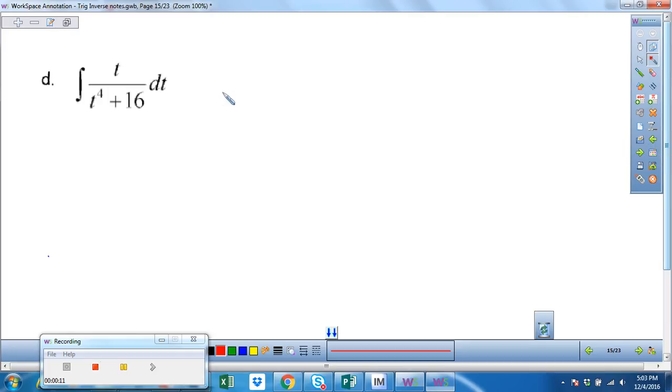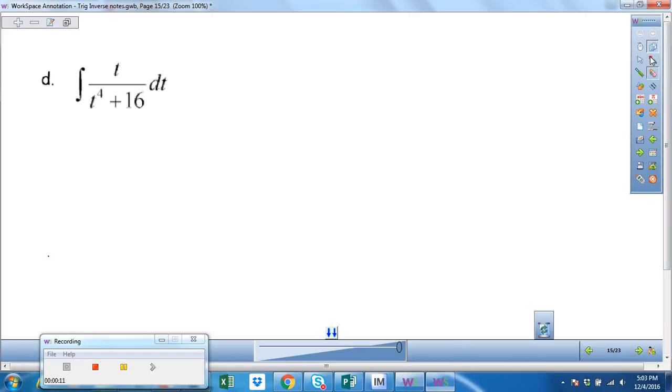Okay, so this one, we need to figure out what we can do for this. I can't do a u substitution, because if I let u equal t to the 4th plus 16, then du is equal to 4t cubed, and I don't have a t cubed, so I can't use the u substitution.